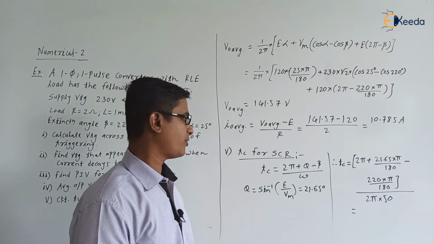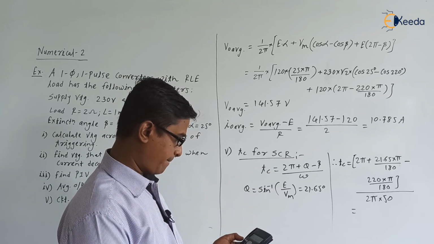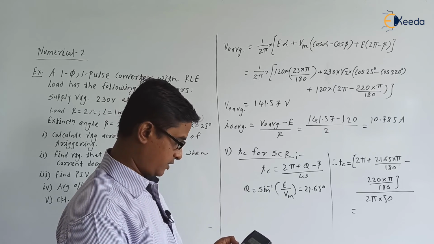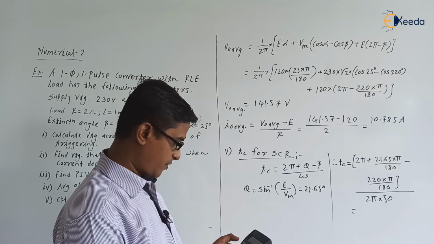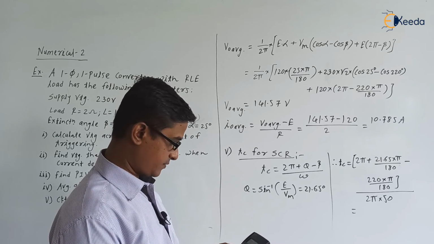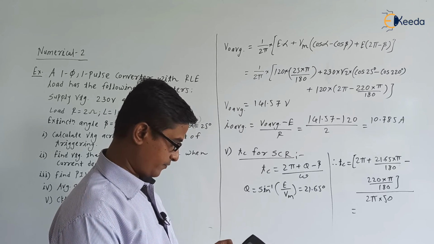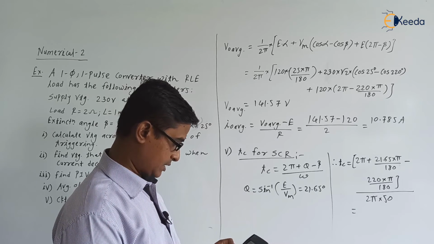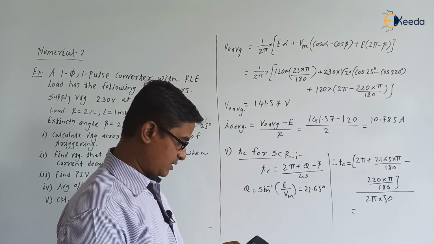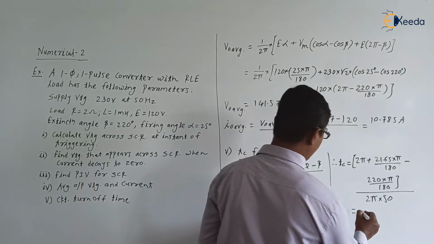So from this we can write 2 pi plus 21.65 into pi divided by 180 minus 220 into pi by 180, divided by 2 pi f. So it is 8.98 millisecond.